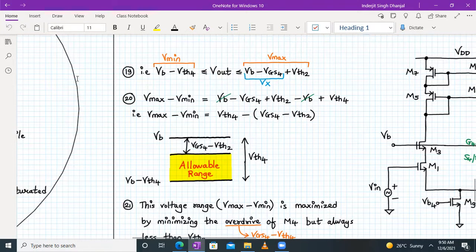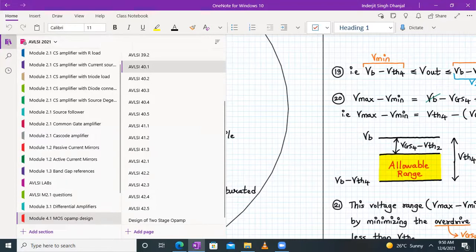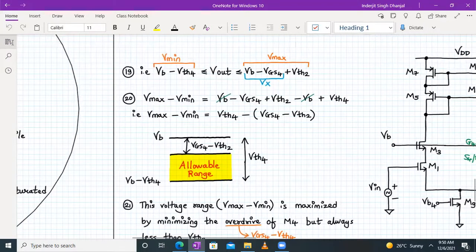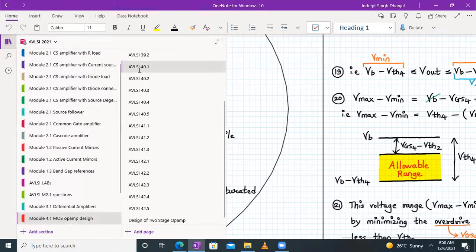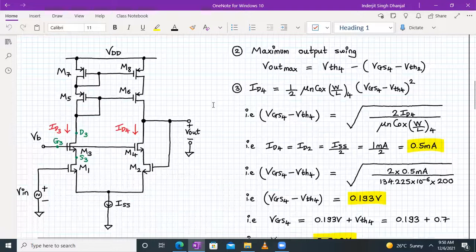So from here, we are getting that expression. Let's continue from the numerical now. So your V out max value is VTH4 minus VGS4 minus VTH2.